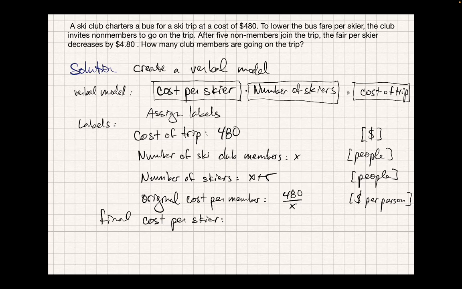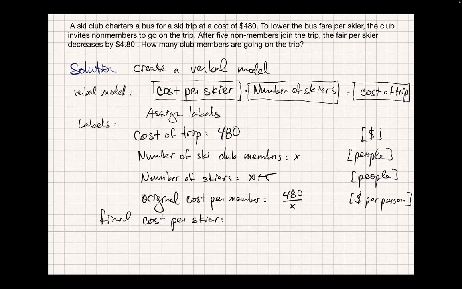I have no clue. So the number of skiers, the cost per skier is something. What's the original cost per skier? It's on the board. What's an expression for the original cost per member?